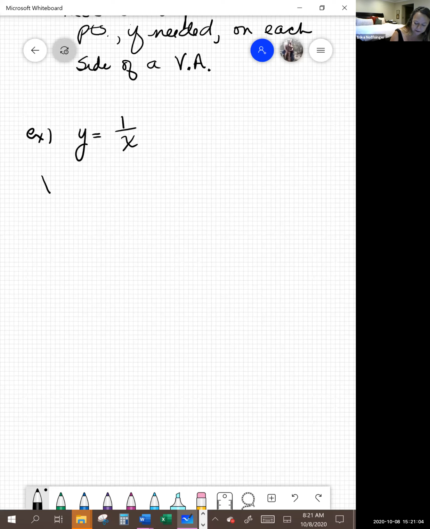For the horizontal asymptote, the degree of the numerator is 0, since there's no variable x there, and the degree of the denominator is 1. The denominator has a larger power than the numerator, and so the horizontal asymptote is going to be at y equals 0.